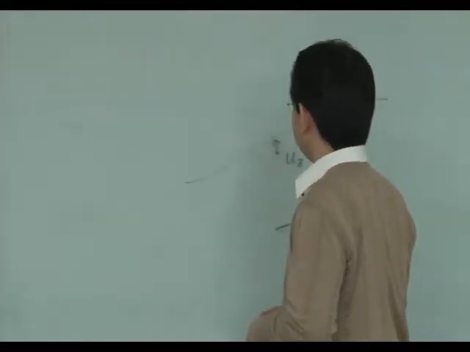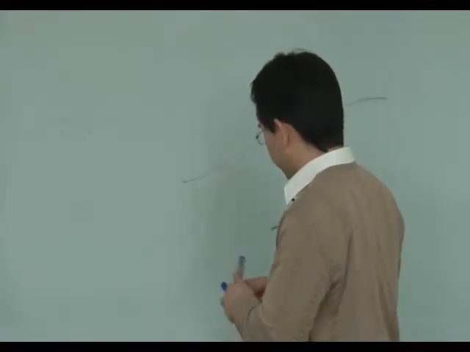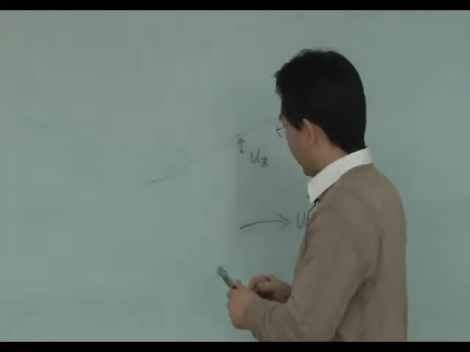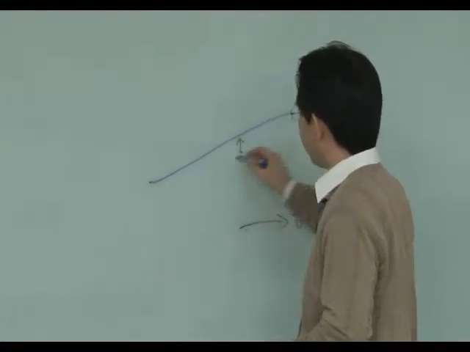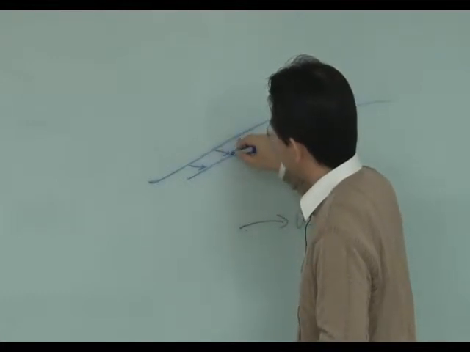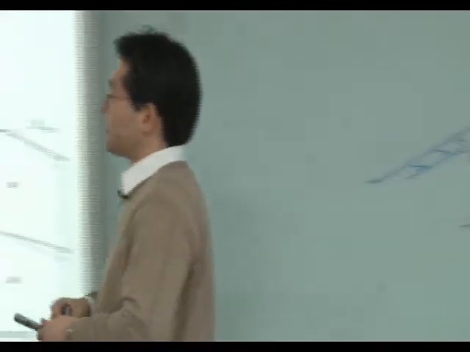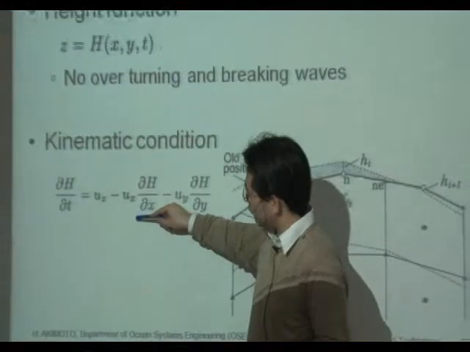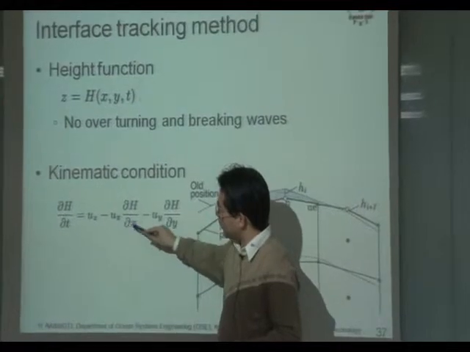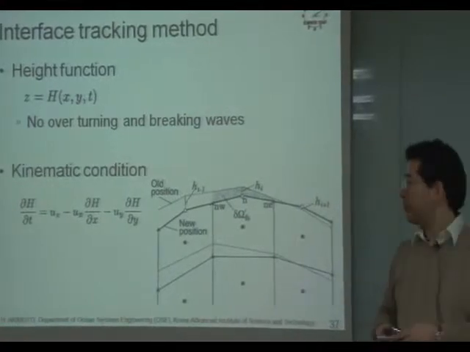If the wave front is moving with this velocity vector, the next profile will be like this, because the free surface is moving in this direction. The effect appears in this part: velocity times the slope of the present free surface.